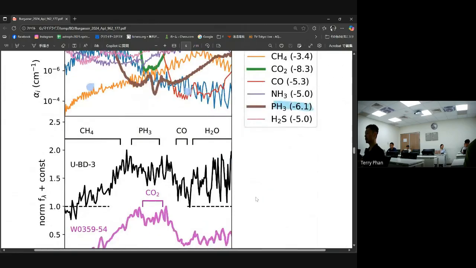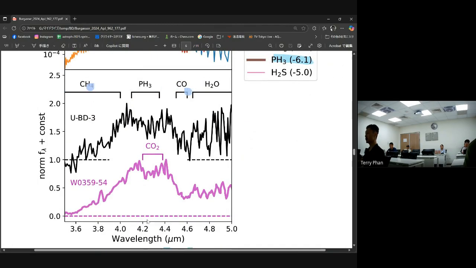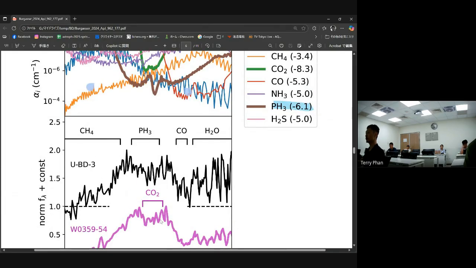Yeah, and then phosphine is here in this 4 micron region, and it's a little bit tricky because CO2 is here, near the phosphine, and the wavelength is overlapping. So if you remember, people discovered phosphine in Venus, and that was big news.